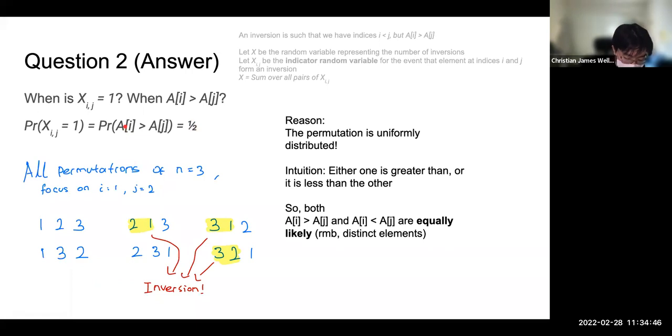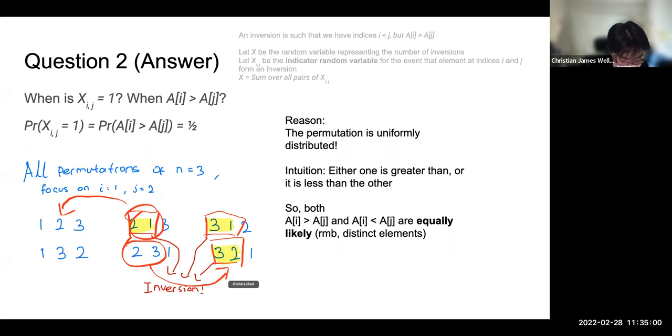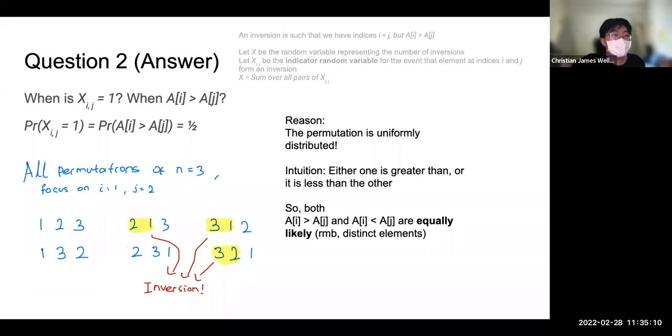If you focus on the first two elements, the two indexes, notice that it only forms an inversion half of the time. For a corresponding 2-1, a 1-2 appears. For a corresponding 2-3, a 3-2 appears. For a corresponding 3-1, a 1-3 appears. So there's a reverse counterpart to it, intuitively.